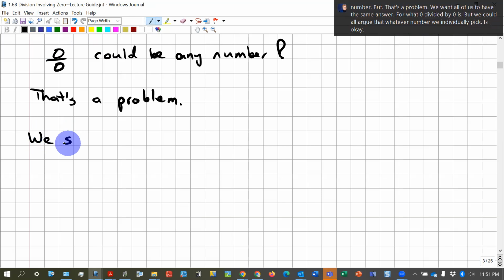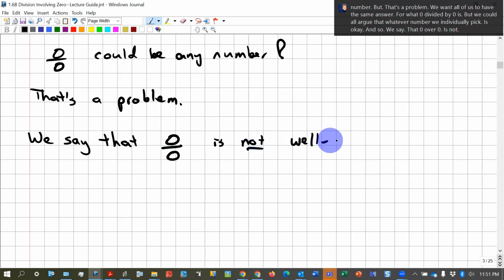And so we say that 0 over 0 is not well defined. It potentially has more than one definition. And we don't want it to have more than one definition, so we don't allow it. It looks like a number, but it's not a number.